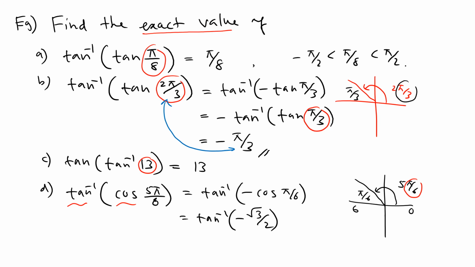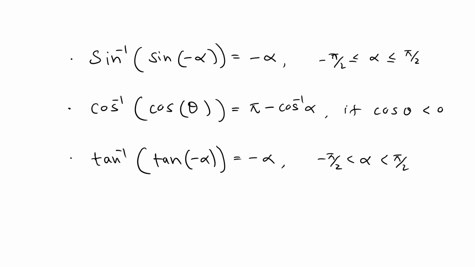Also, this is a negative number and it's an odd function, so you're going to pull the negative sign out. So you're going to say negative tan inverse square root 3 over 2, and then we can use a calculator and approximate this value. From a calculator, you're going to get negative 40.89 as the answer.